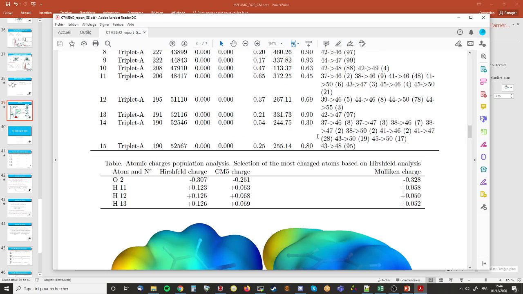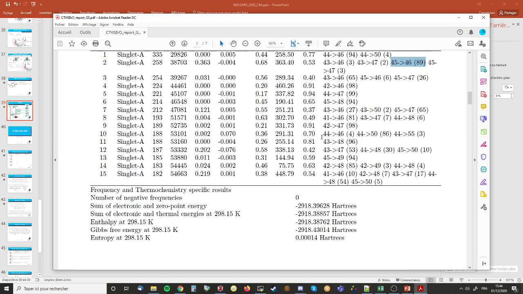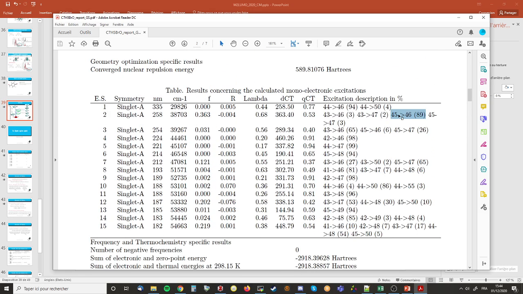Just to remark something, the HOMO-LUMO transition is not the first one. Here, the first transition is the HOMO-1 LUMO.